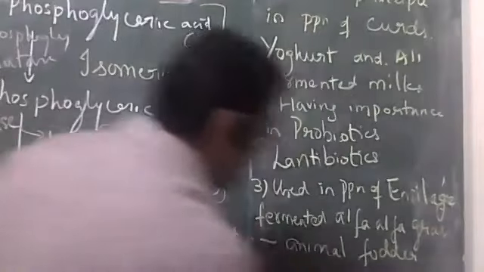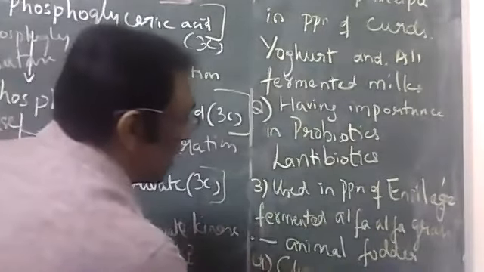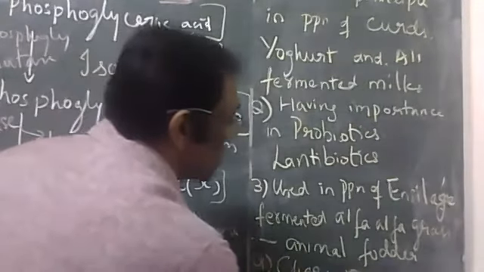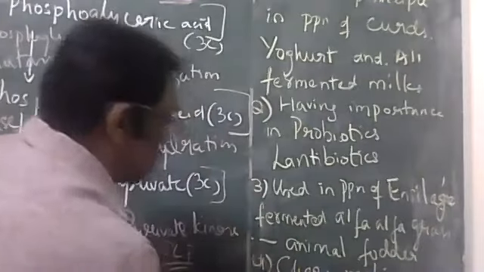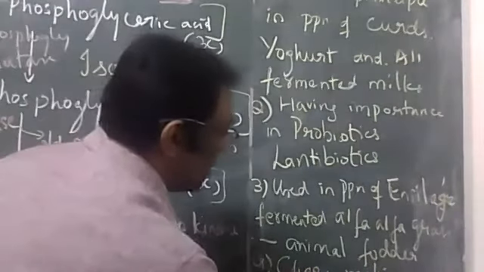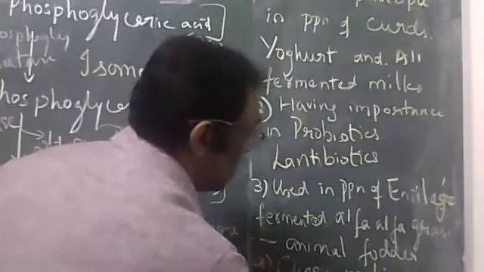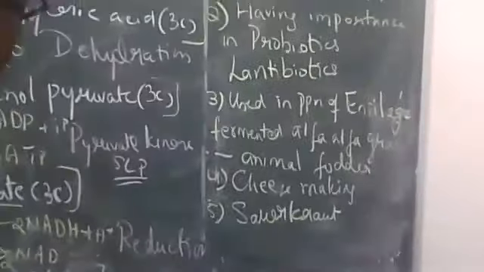One more I'll tell you. It's used in cheese making. Then it is used in sauerkraut preparation. Sauerkraut is a fermented cabbage.